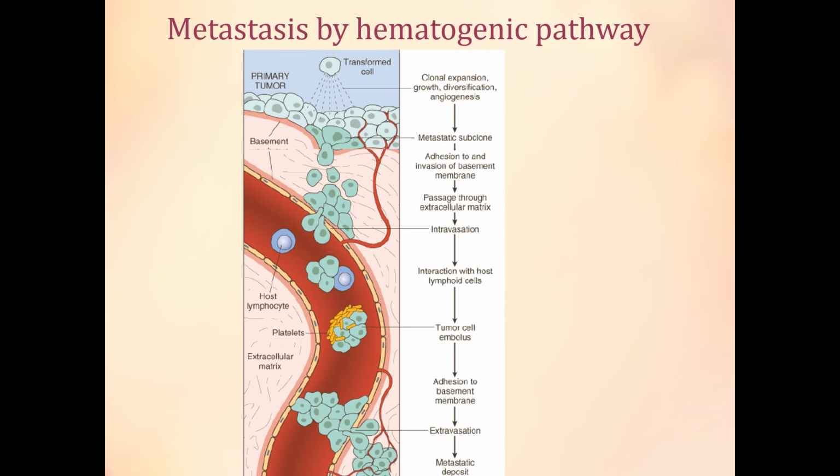It should be noted that, depending on the activity of the anti-tumor defense mechanisms and the characteristics of tumor cell heterogeneity, the development of each of these stages can be prevented. After extravasation, one part of these tumor cells, included in the cell cycle, forms a new tumor node.